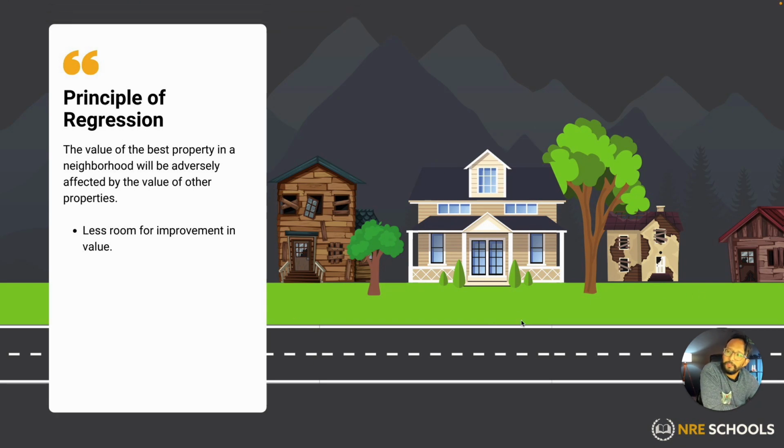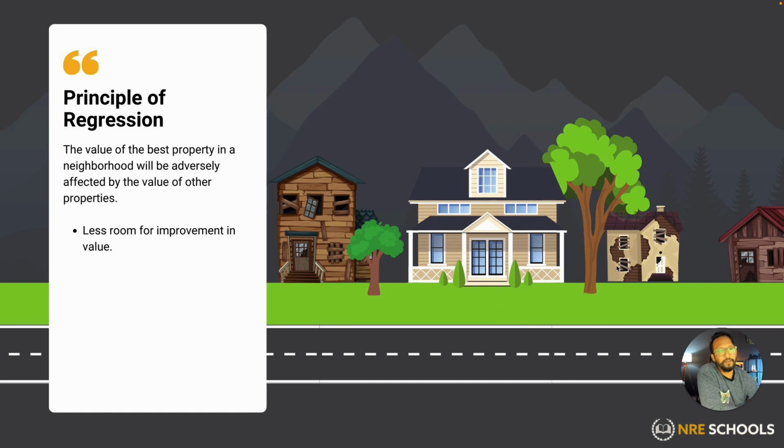What this principle is saying is that the maximum value would be adversely affected by the other properties, because this property will not appreciate much higher because, number one, there's no comparable sales nearby that are boosting the value, and you can't really do anything about it. These ones are kind of stuck. Unless these people fix up their houses, the value is going to reach its peak.